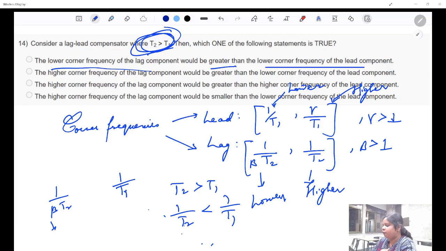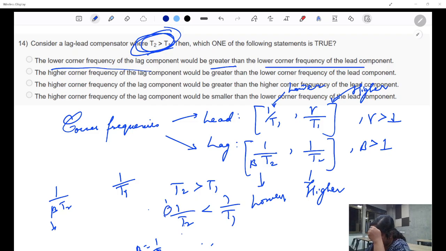Now, if 1 by T2 is less than 1 by T1 and I have one factor being introduced, which is beta, let's say I replace it by some other phi. So beta is equal to 1 by phi.